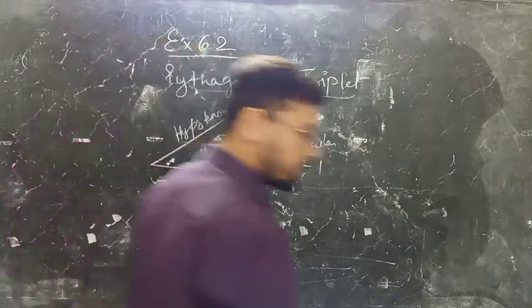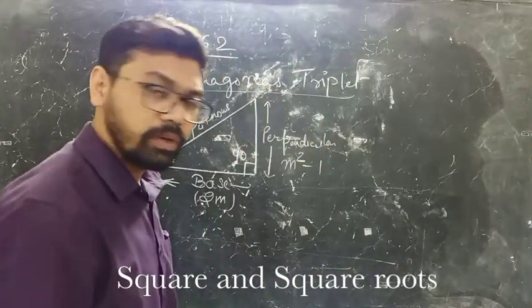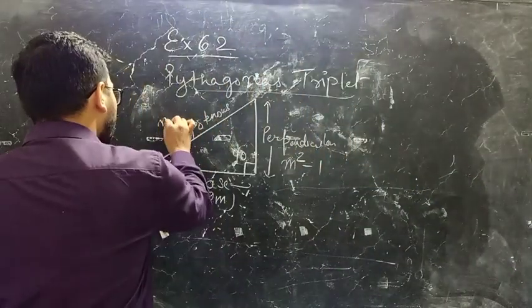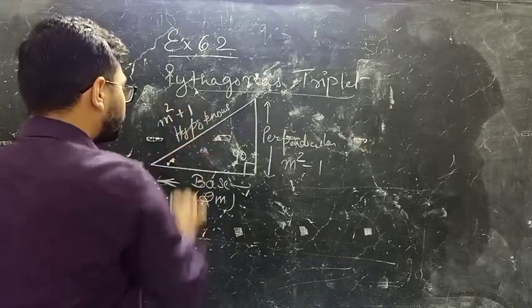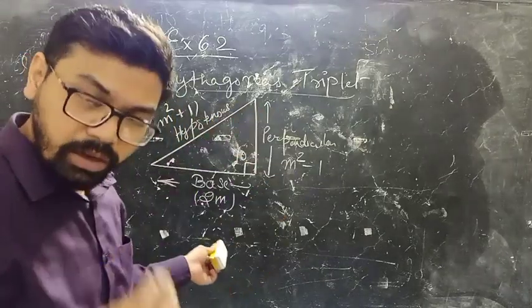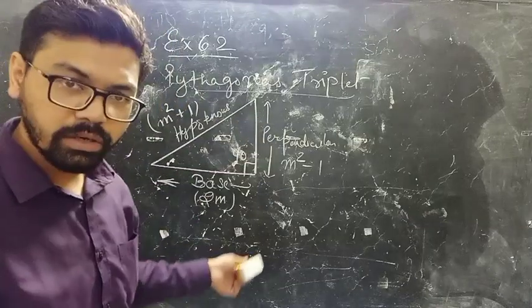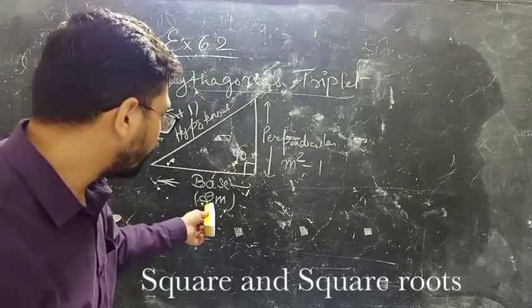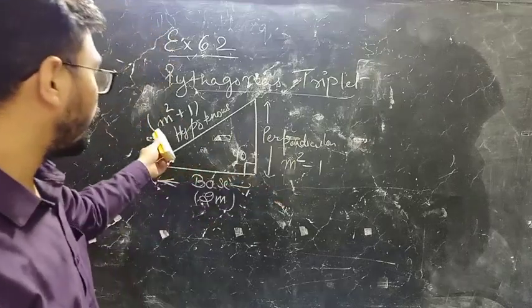Then the length of the hypotenuse will be m square plus 1. You can even verify this, and I'll also verify it in the same video, that 2m, m square minus 1 and m square plus 1 form a triplet.